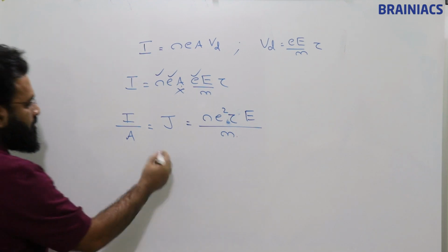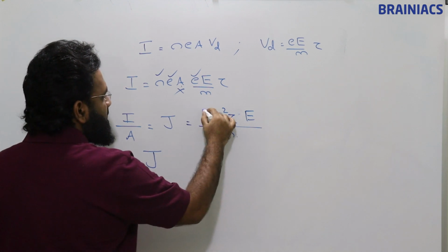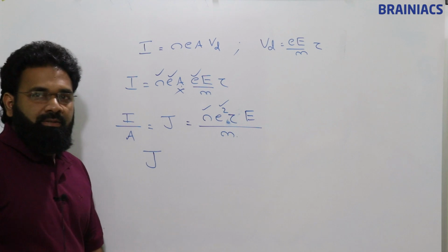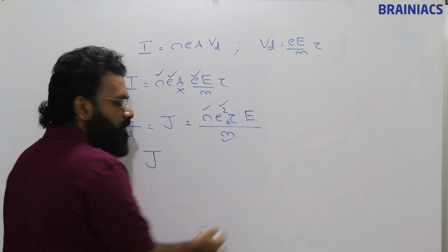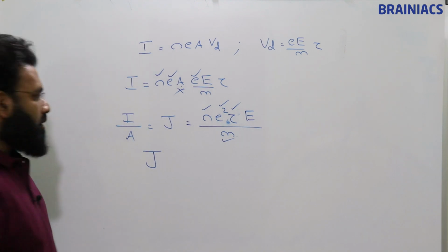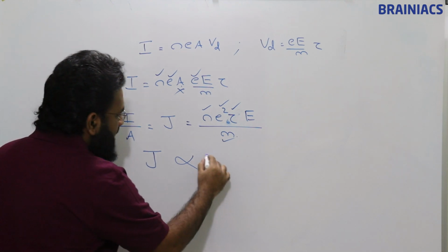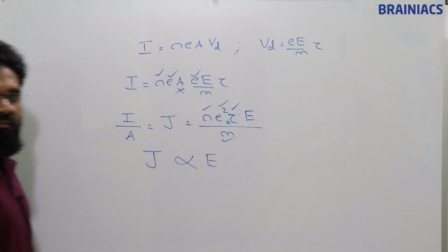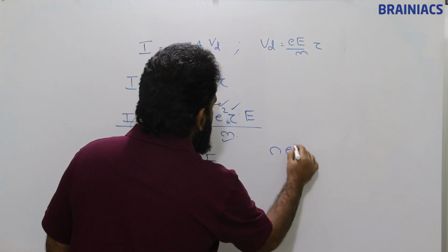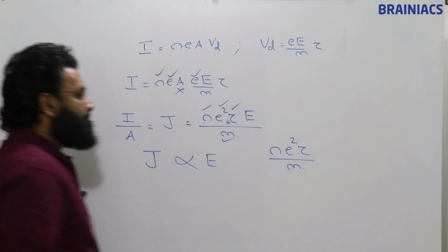So here all these are constant: n, the number density, is constant, e squared is constant, the mass of the charge carrier is constant, and the average relaxation time is also constant. So we can say current density J is directly proportional to electric field E. So what about ne squared τ divided by m?